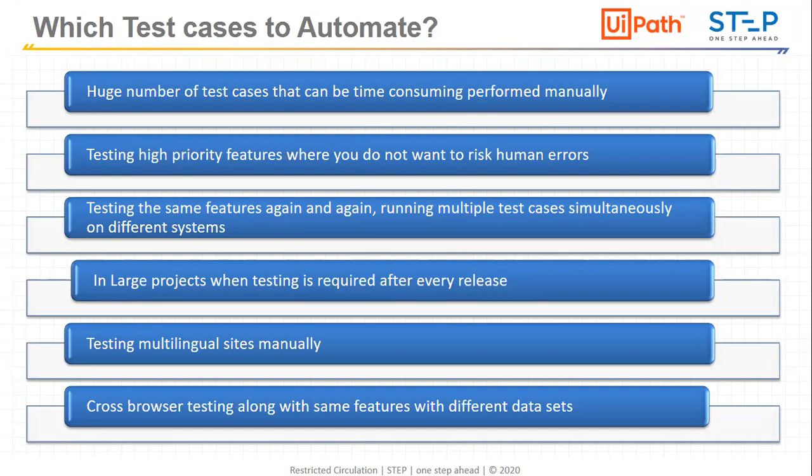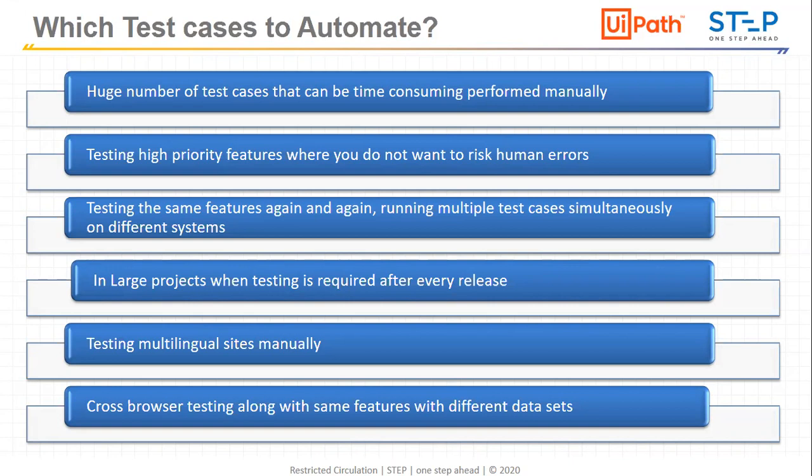Next is testing the same feature again and again, running multiple test cases simultaneously on different systems. Definitely. Suppose I am testing an application on Chrome, checking the same internet banking application, and using the same kind of test cases again and again, and one person is checking that application on different types of systems.